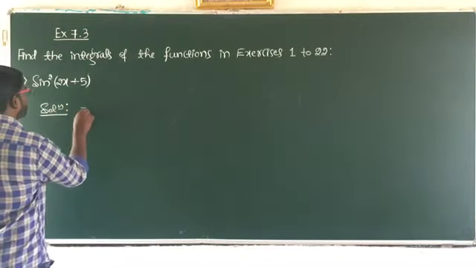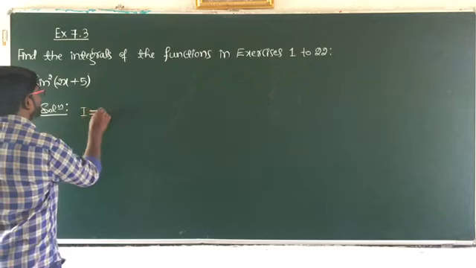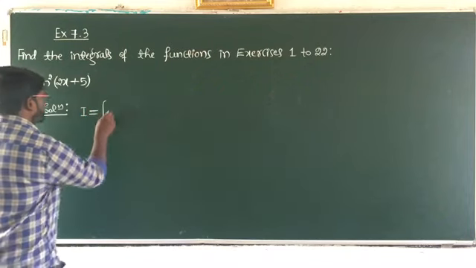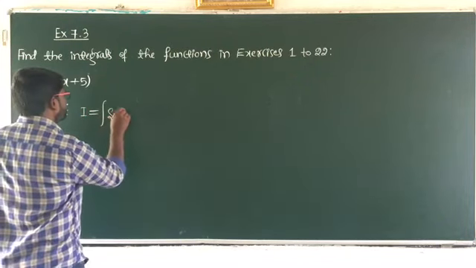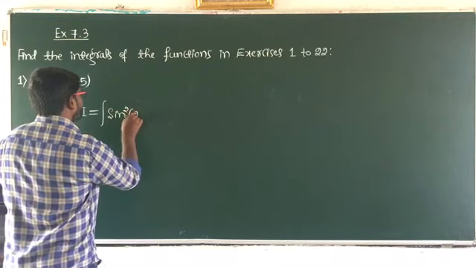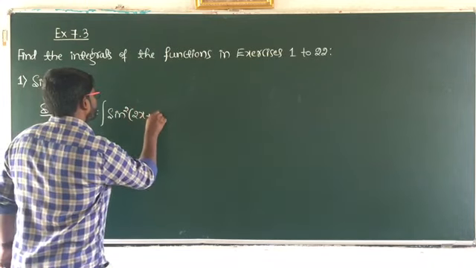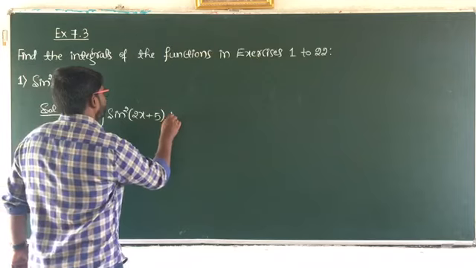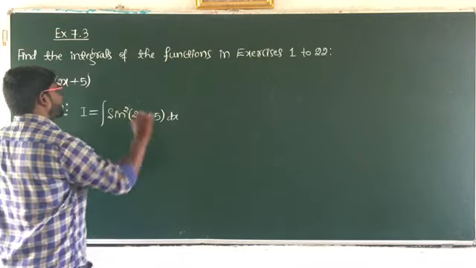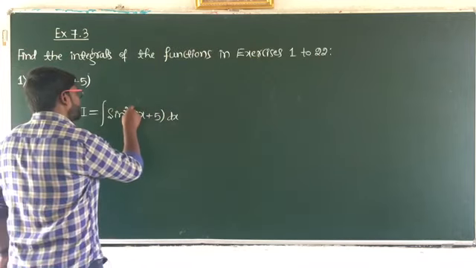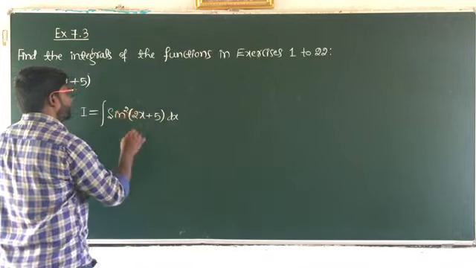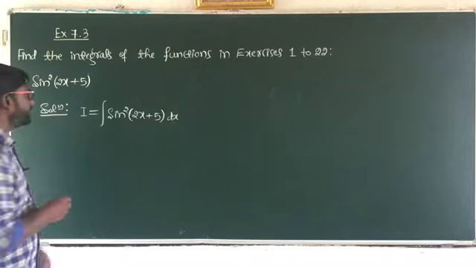So I take this as I, which is equal to the integral of sin square (2x plus 5) dx. Now sin square x is nothing but (1 minus cos 2x) by 2.